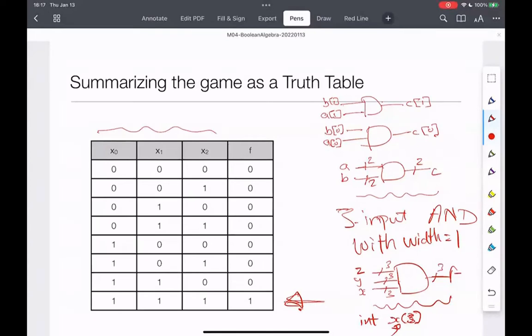Would the truth table be different for multiple wires, for a bit width of say 2? Well, technically there will be 2 truth tables, one for position 0 and one for position 1, except that they will be the same. So you can write them compactly. Sorry for going all over the map, but say I had 3 variables, X0, X1, X2, each of width 2, producing the output F of width 2.